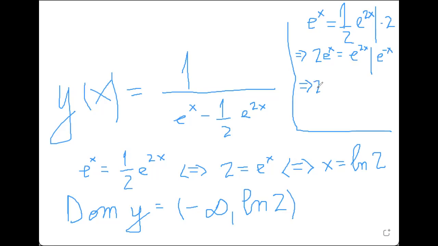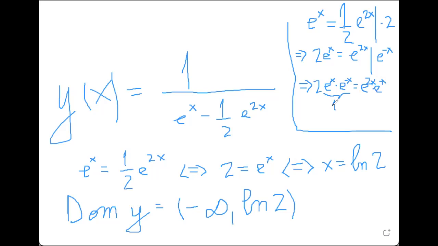2 times, so this is completely unnecessary, but I'm just doing it so that I show you what the most formal possible way of writing this could be. So 2 e to the x times e to the minus x is equal to e to the 2x times e to the minus x. And then, okay, I mean, this is more than enough formalism for me.